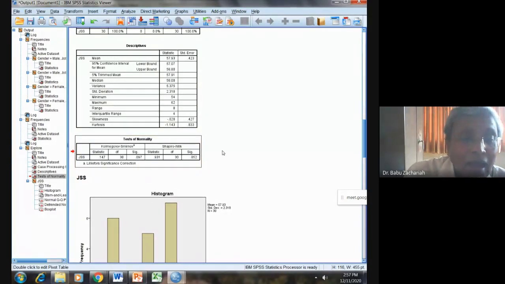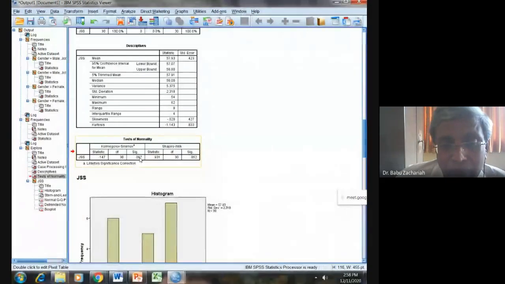I will explain later, when we come to testing, how this works. At present, take it like this: if the significance value is greater than 0.05, the statistic falls in the acceptance region.